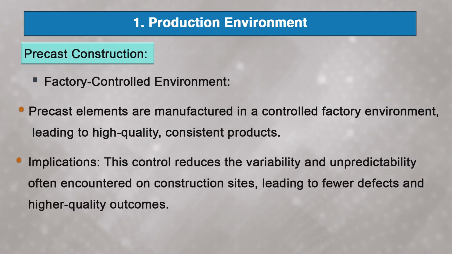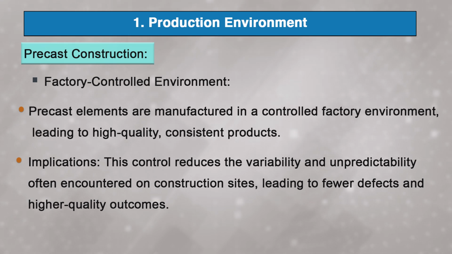This control reduces the variability and unpredictability often encountered on construction sites, leading to fewer defects and higher quality outcomes. For example, precast beams and slabs can be manufactured during any season without concern for adverse weather conditions.